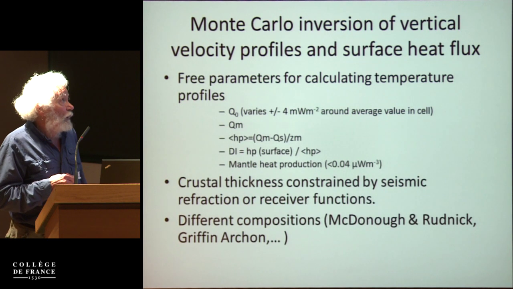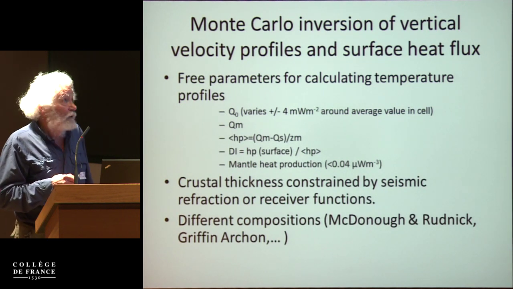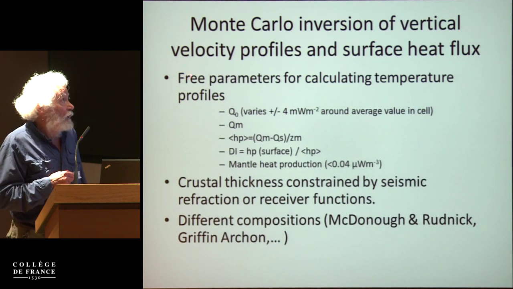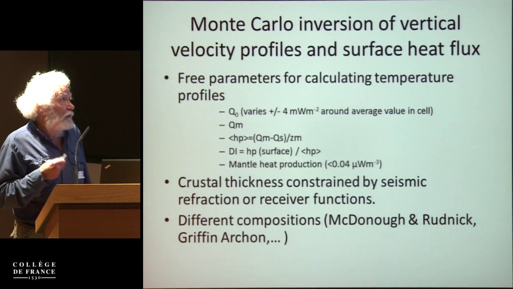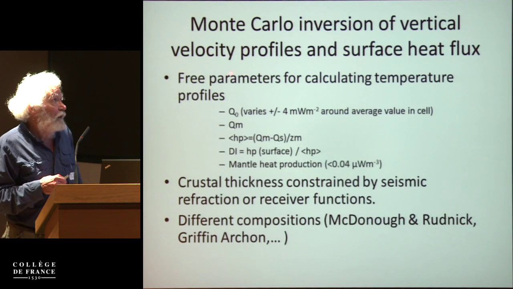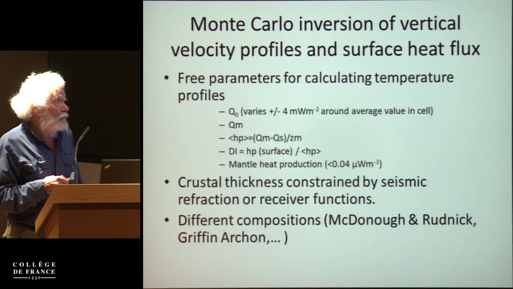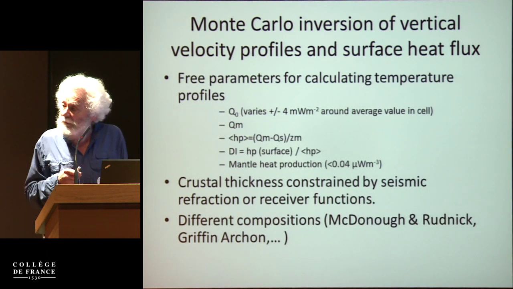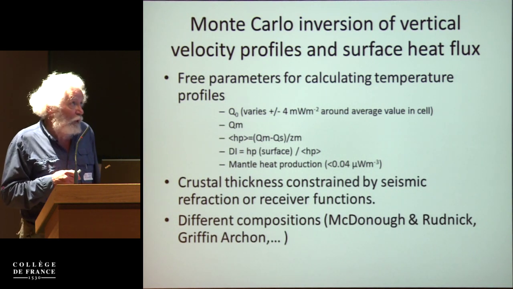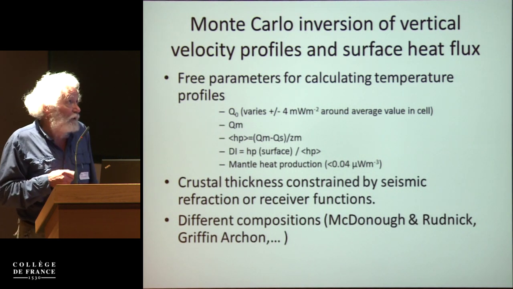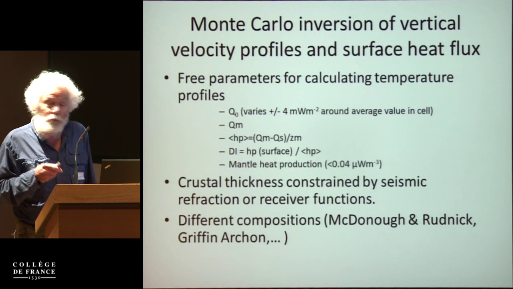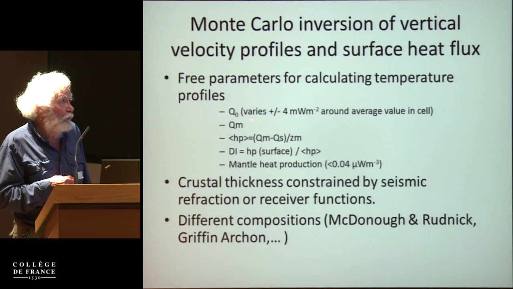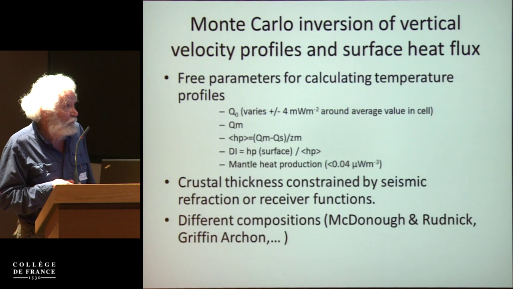Okay? So in the inversion, we have some free parameters for calculating the temperature profile. Actually, we are going to let the surface heat flux vary because there is some variability in the surface heat flux, and probably the regional average is determined to no more than plus or minus 4 milliwatts per square meter.